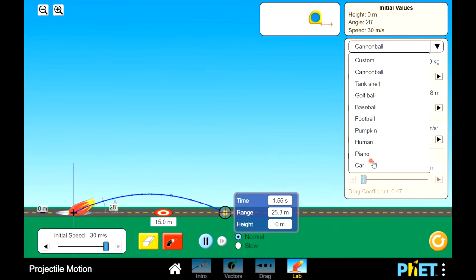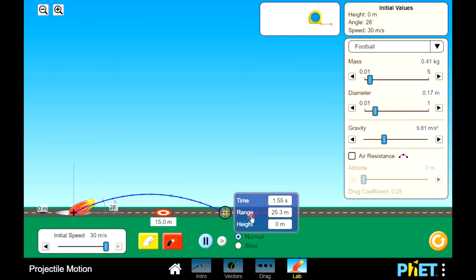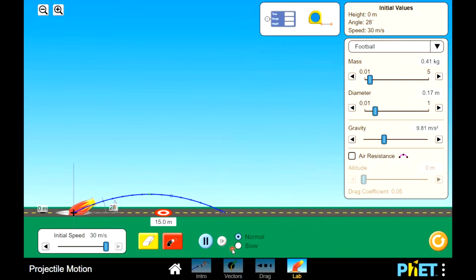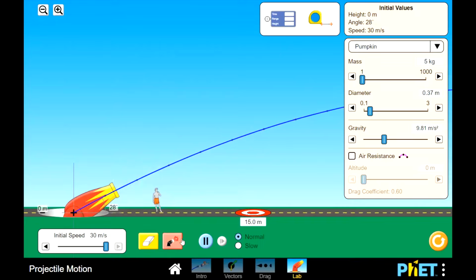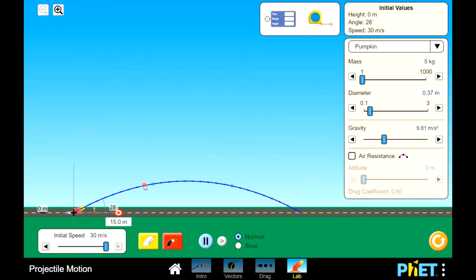Let's try to simulate. Ayun. So, hindi na siya nakita. Let's zoom out. Ayan. So, ito yung naging trajectory niya with an initial speed of 30 meters per second and 28 degrees for the angle of projection. Ganito kalayo yung marireach.